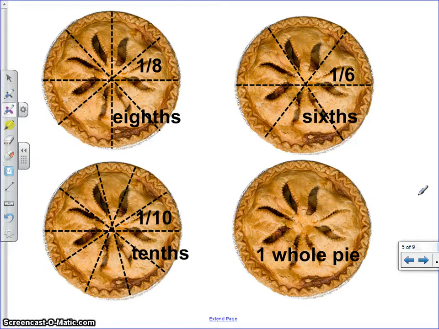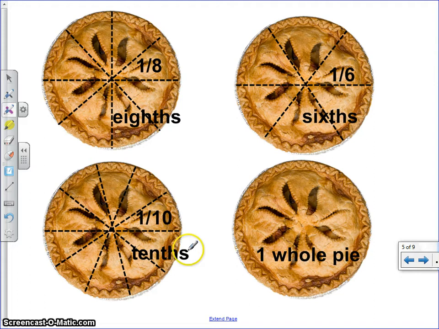When you compare fractions, the whole has to be the same. You can't compare fractions of a king-size candy bar to a smaller candy bar. That's not quite how it works. Half of a small candy bar might be smaller than 1/4 of a giant king-size candy bar. So when we're talking about comparing fractions, the whole pie right here is being the same.